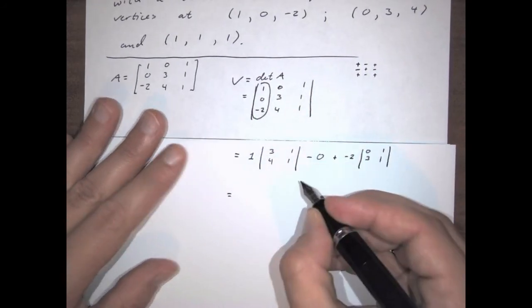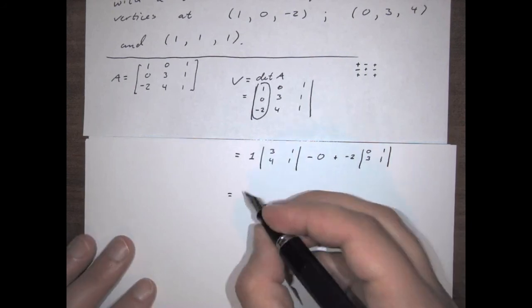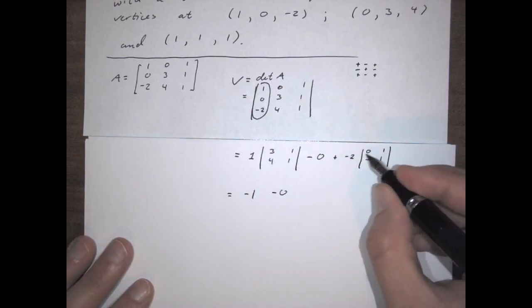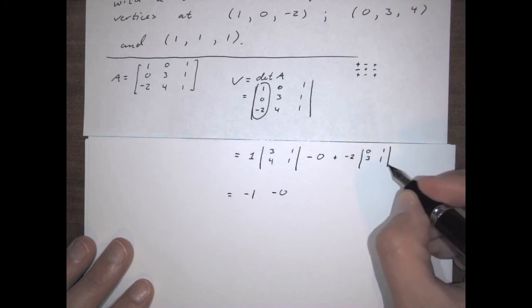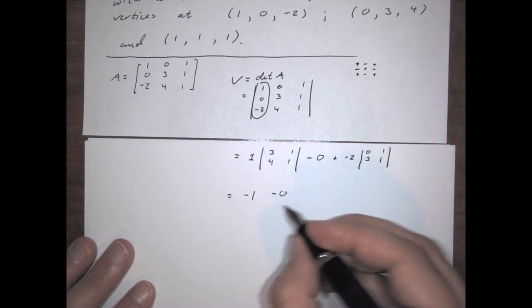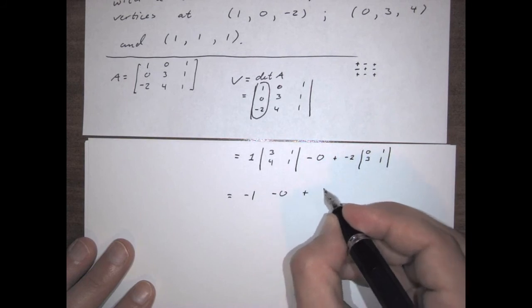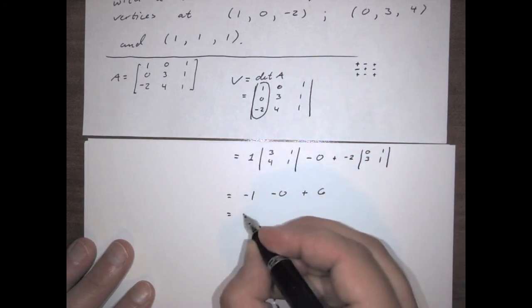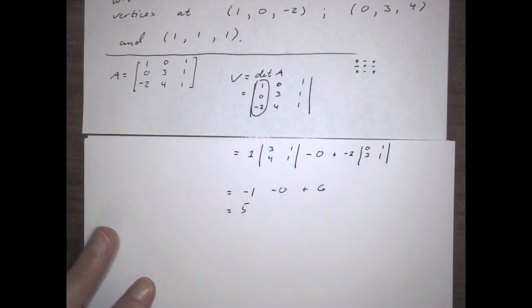Okay, so it's going to be 3 minus 4 times 1 is negative 1, minus 0, and here we're going to have negative 2 times 0 minus 3, so it's going to be positive 6. So then the overall result will be 5, which means the volume will be 5 cubic units.